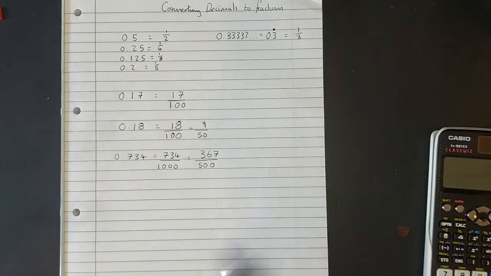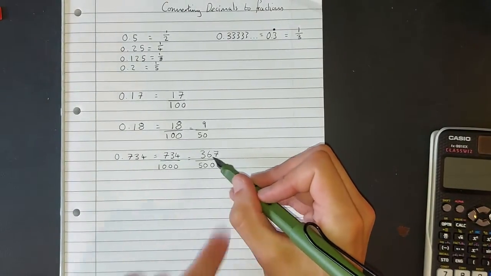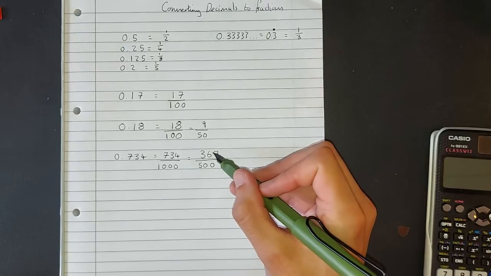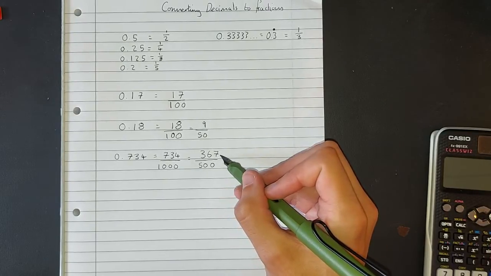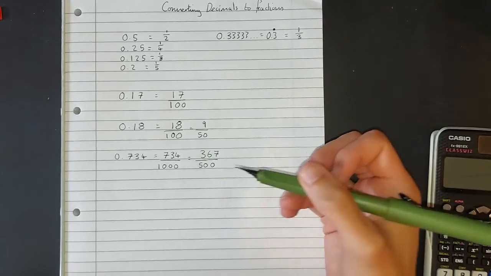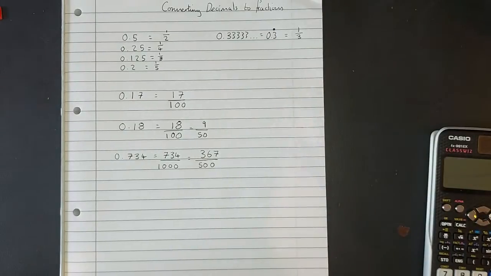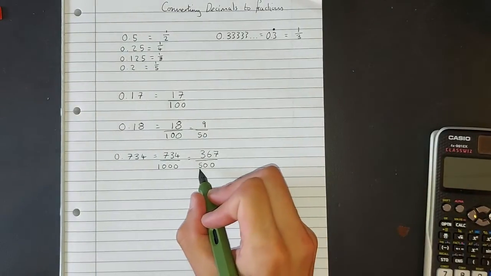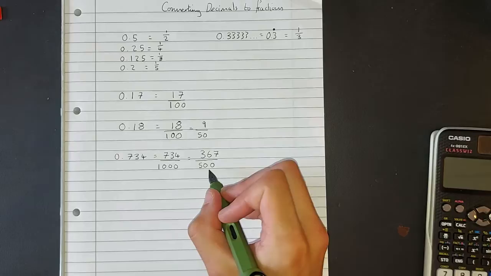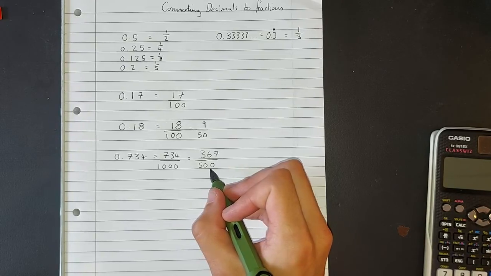If it's not divisible by 2, then it can't be divisible by 4. It's not divisible by 5 because we do not have a 5 or a 0 in the units column. 6, it has to be divisible by 2 and 3, and again, it's not divisible by them. 7, we'd have to check, so 7 into 500. 7 doesn't go into 5 or 50, so we times by 10, so it will not go into there.